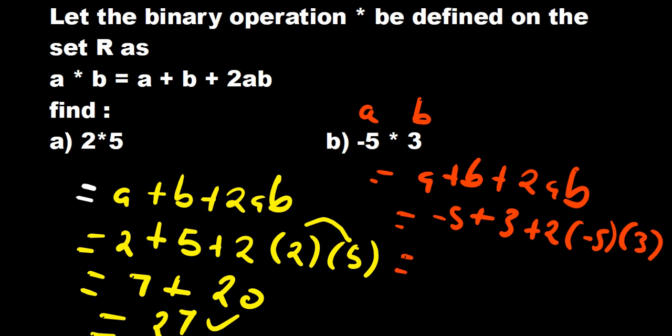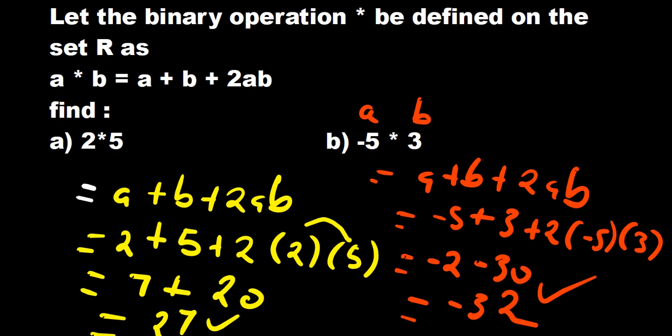Negative 5 plus 3 is negative 2. Multiplying 2 and negative 5 gives negative 10, and negative 10 times 3 is negative 30. When the signs are the same, you just add, so we've got negative 32. You're just replacing the numbers they've given you in the operation.